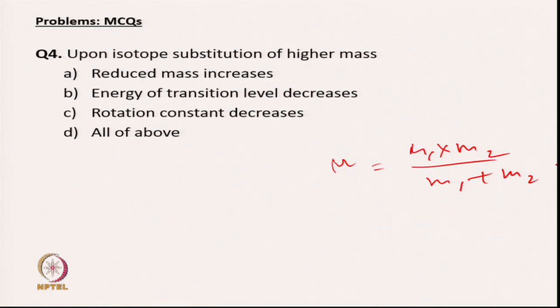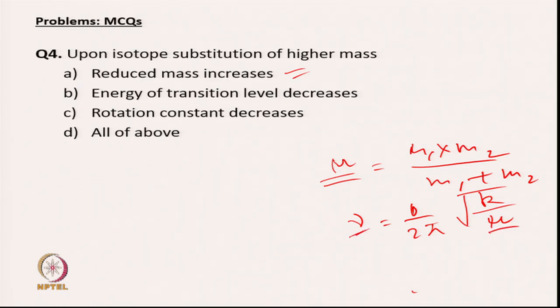So, if we substitute an element with its isotope of higher mass, we get an increase in reduced mass. Then we know that the frequency of transition is equal to 1 by 2 pi root k by mu. Here the reduced mass will increase, and if reduced mass increases, the frequency will decrease. So, this is also right.